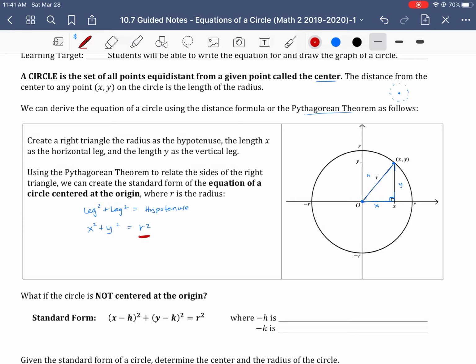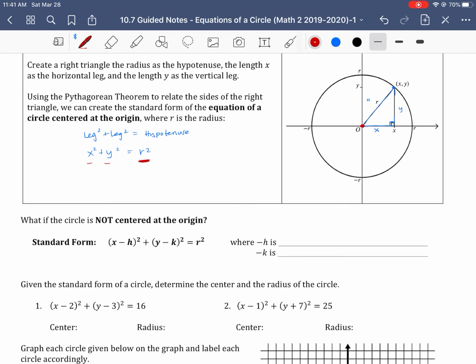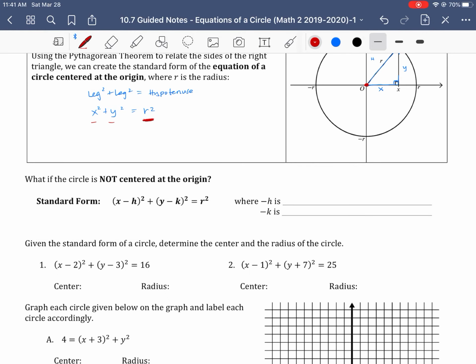R squared, notice, is always this value right here. So we can find the radius length or use the radius length to build the equation, and then this relates to the center. Now if we move this away from the origin, so if it's not sitting at the origin, that means there's a horizontal shift, or if we move it up or down, there's a vertical shift. Now when we make those changes, just like we have used h and k in the past, you'll notice that this right here becomes the equation, where h is moving the x value left or right.